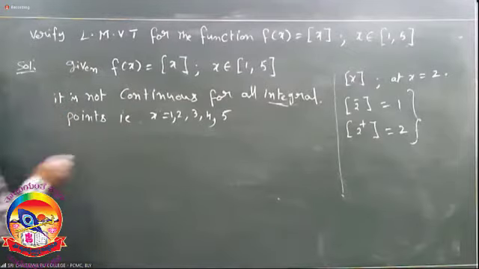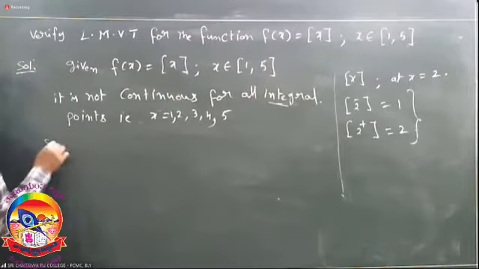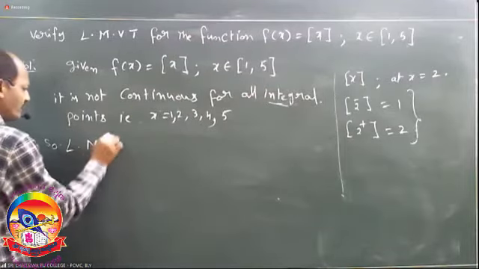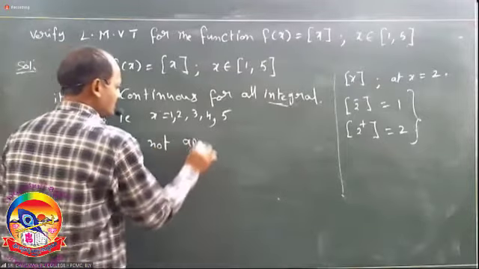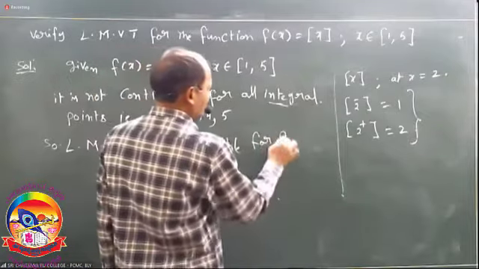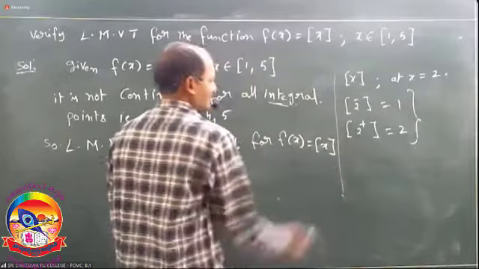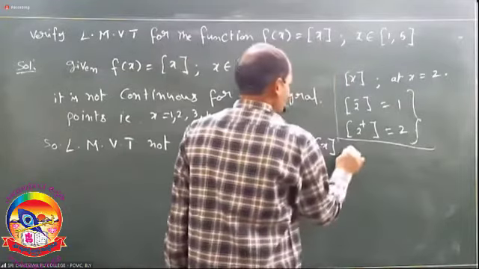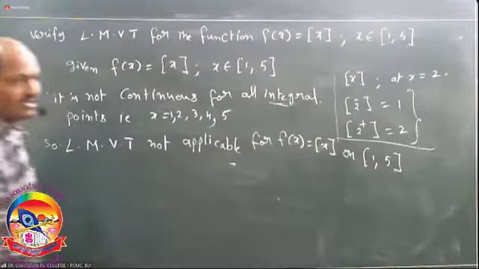So Lagrange's mean value theorem is not applicable for f of x equal to the greatest integer of x on the given interval [1, 5].